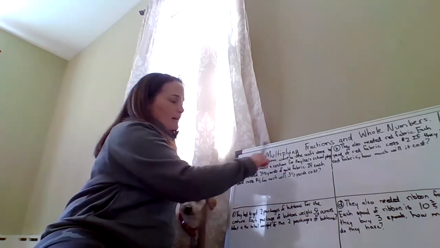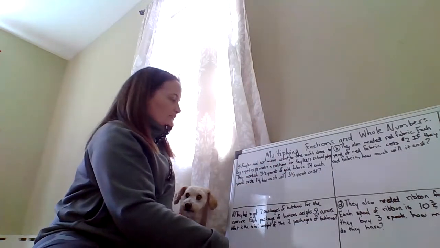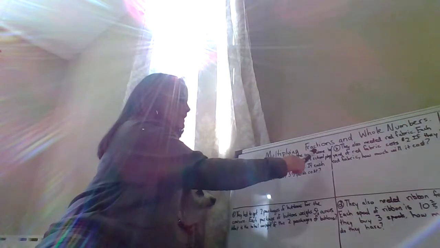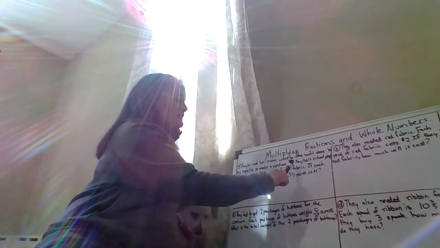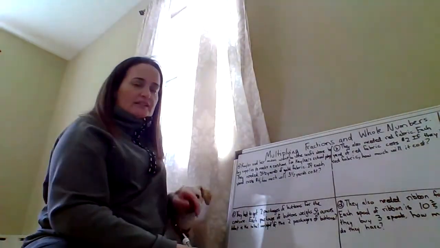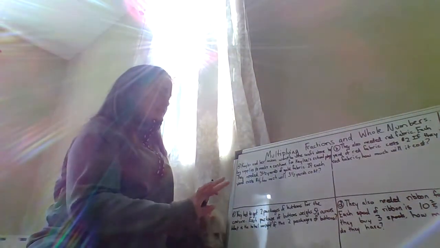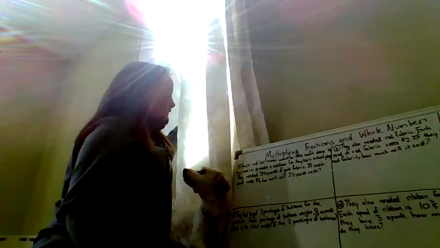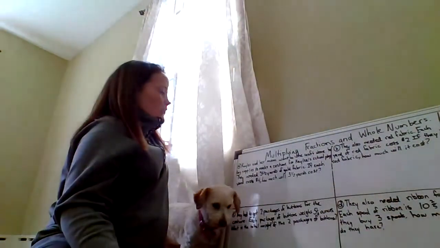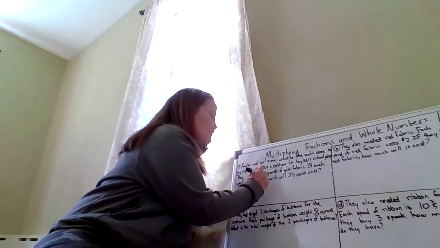So we read the problem. Now we're going to underline the important parts. In that first sentence, there's no important information, so we're going to skip it and go to the second sentence. They needed 3 1/2 yards of gold fabric. I'm going to underline 3 1/2 yards.